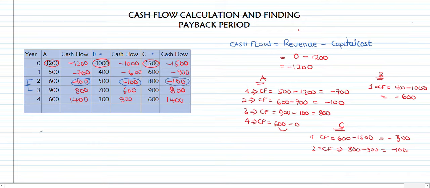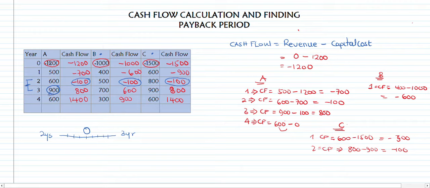So between year two and year three, there is a particular month within them where my cash flow became zero. So now we are going to find it, right? So we are going to focus on the money generated in year three.